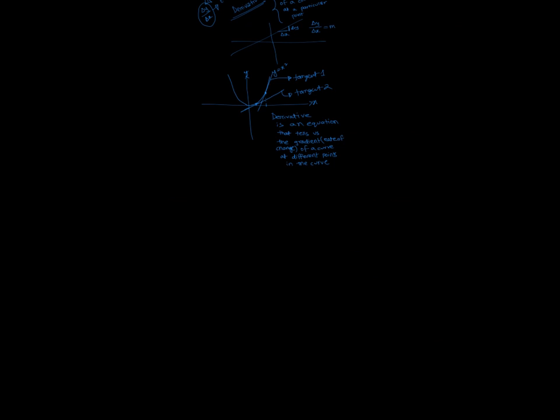So let's recap what we have just figured out. We had figured out that the gradient of a curve at any point can be given by this expression, which is the limit as h approaches 0 of f of x plus h minus f of x divided by x plus h minus x.